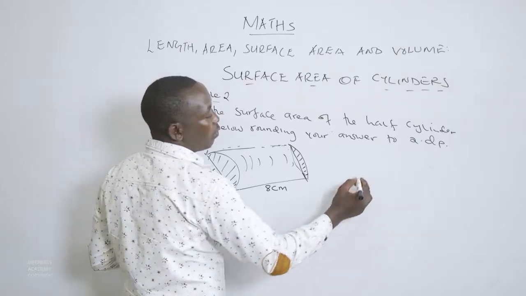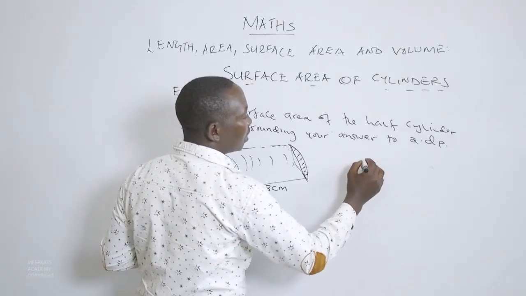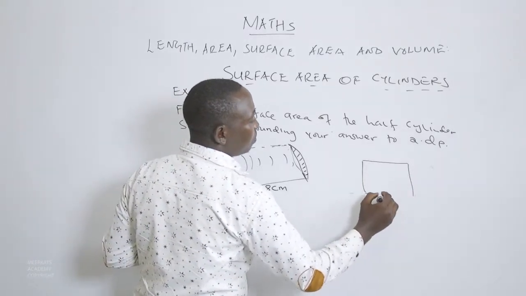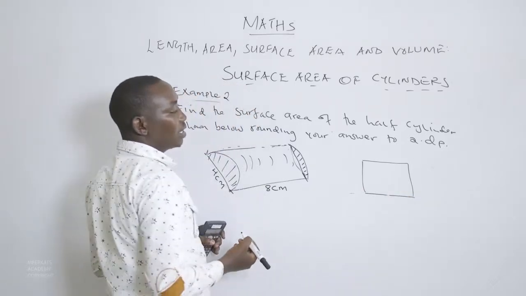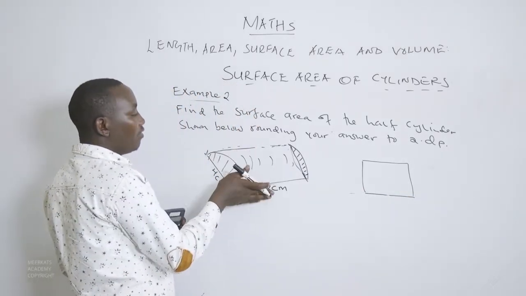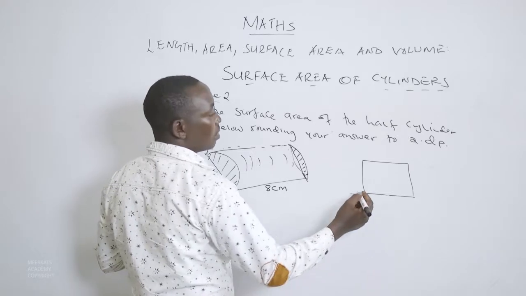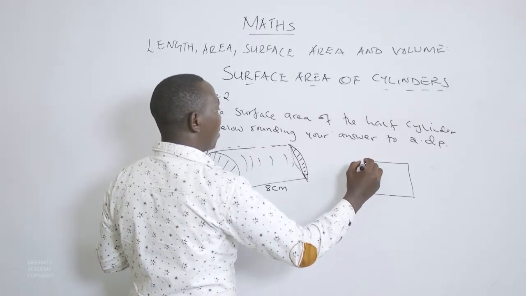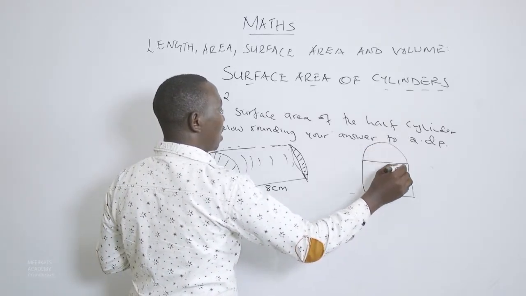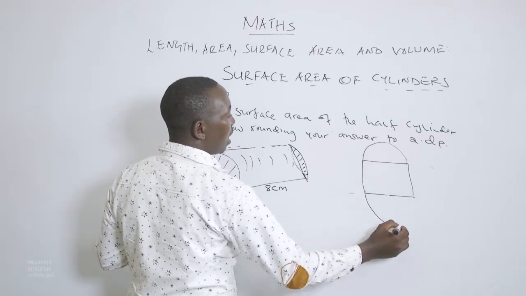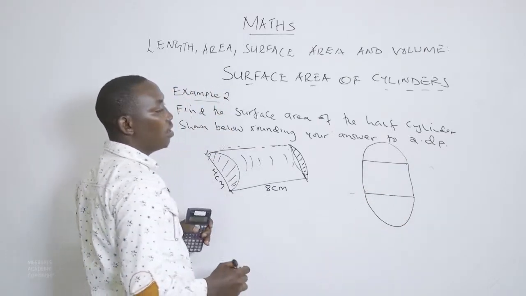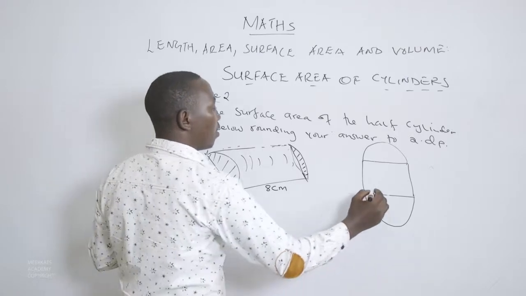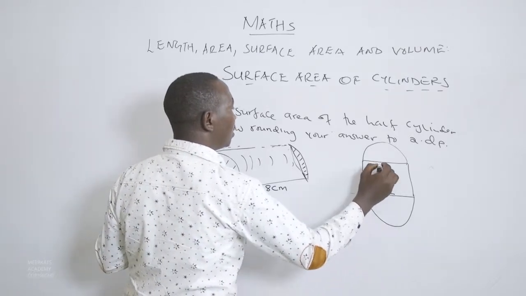So if we were to deduce it, we'll have this curved surface, then half of a circle on top and another half circle on the other side, where this is 4 centimeters.